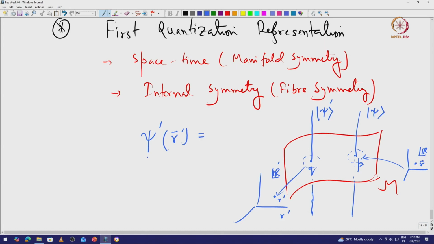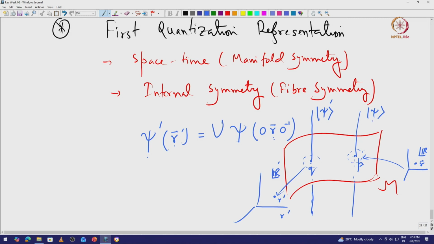So, that means there are two symmetry operations we have to worry about. How psi and psi prime are related to each other as the spatial point or base point is rotated, and as you make this rotation in the base point, how the fiber will change.